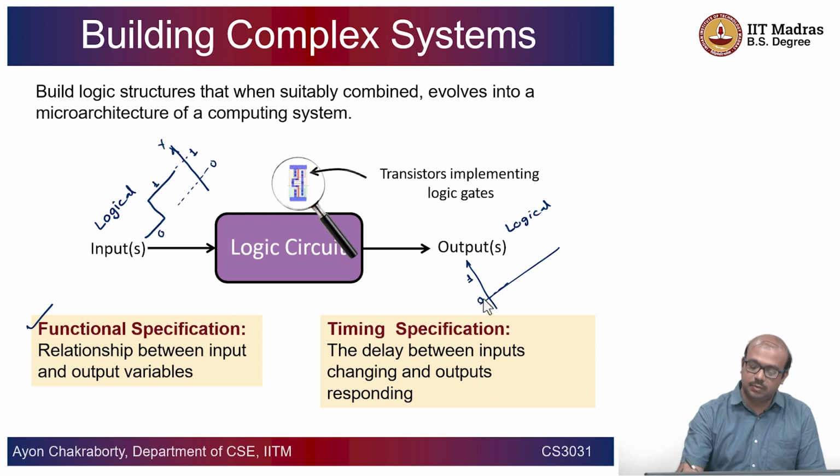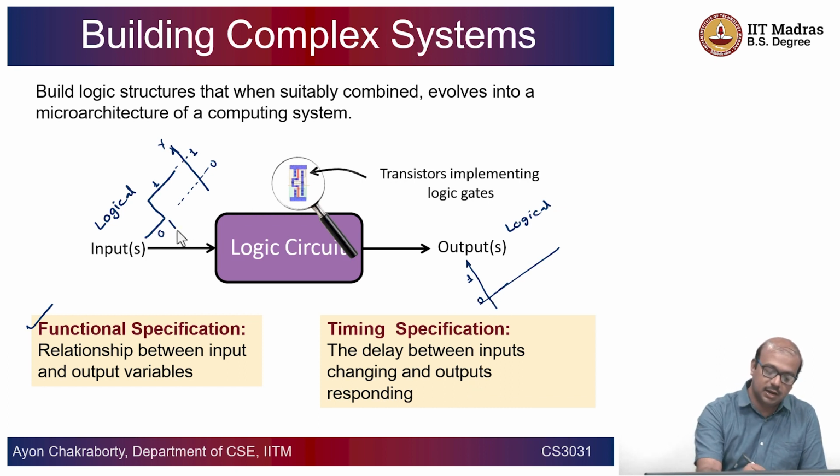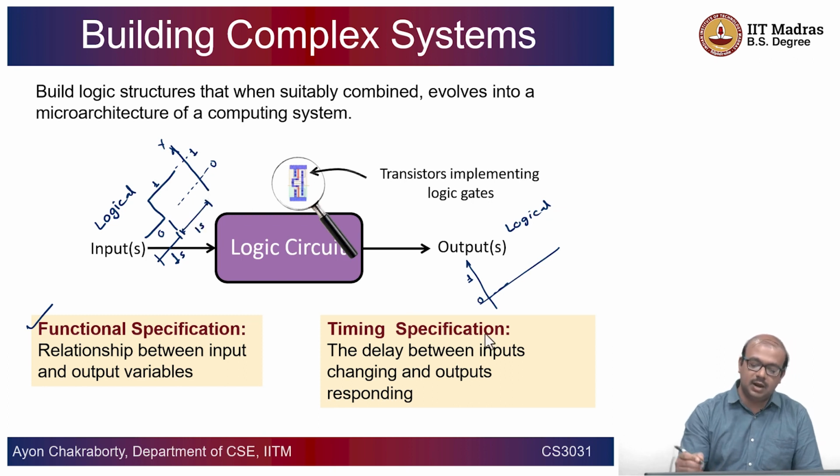Okay, so let's say this was till a time 1 second, and for the next 1 second the input is going to be 1. Similarly, if it is a NOT gate in the logical circuit, the first 1 second is going to be 1 because the input was 0.